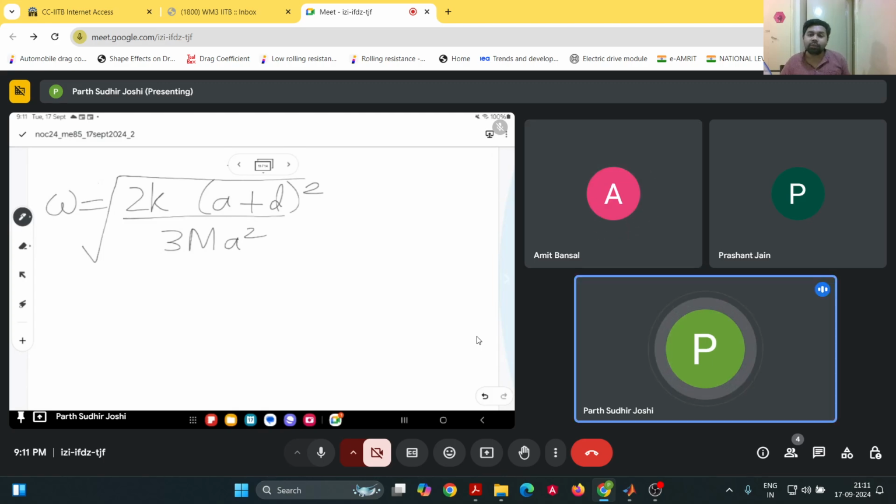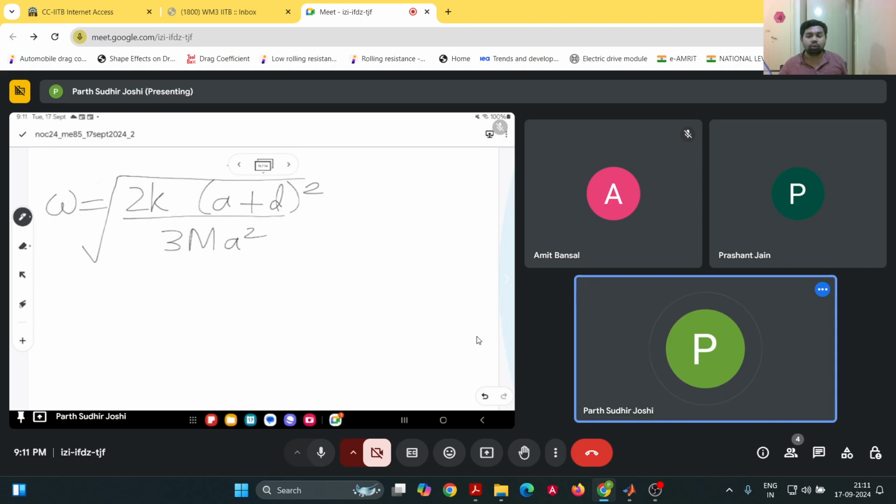So notation can vary from place to place, textbook to textbook. But in terms of context, here we are talking mainly about mass moment of inertia. For torsion, we are talking about stresses and all, so there we are actually talking about area moment of inertia.